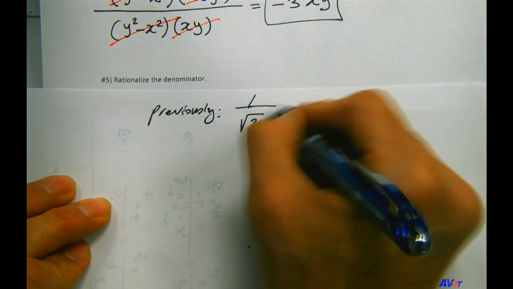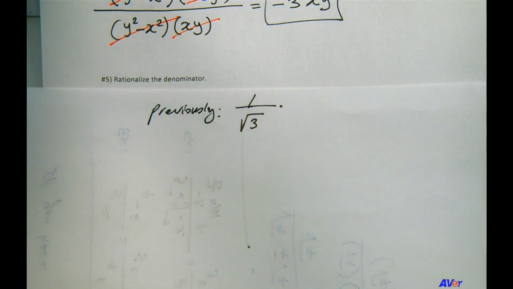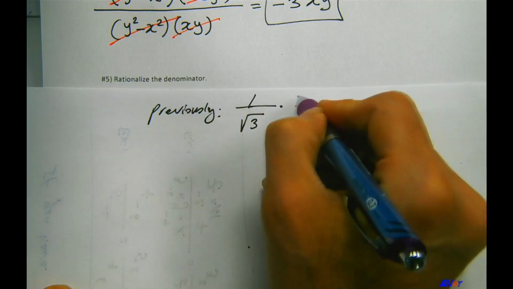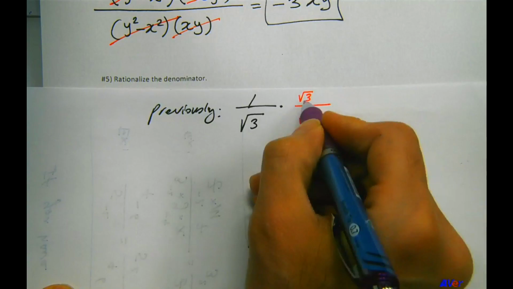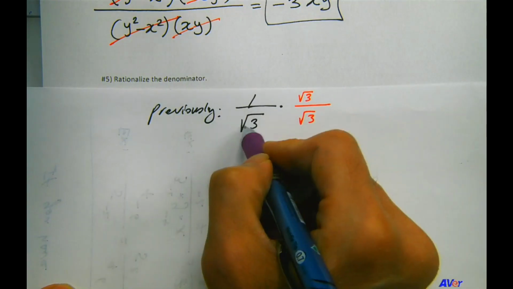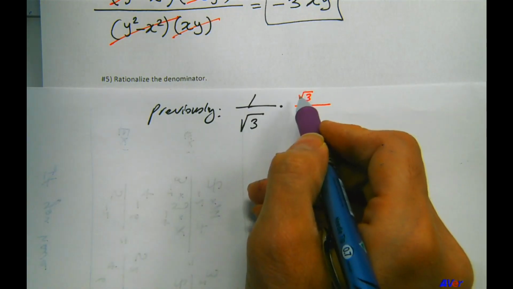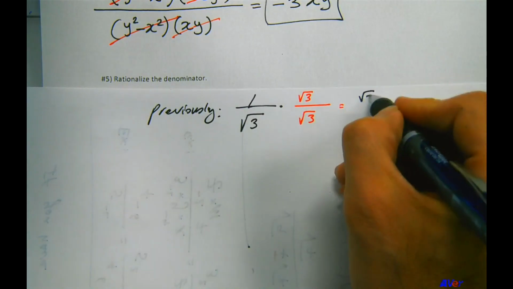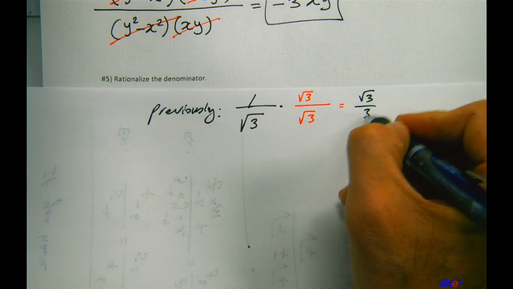How did we rationalize this? Do you guys remember? We multiplied this by square root of 3 to get rid of the square root, but we also multiplied the numerator by that because we can't multiply the denominator by one thing and not do the same thing to the numerator. And then we ended up with square root of 3 over 3, right?